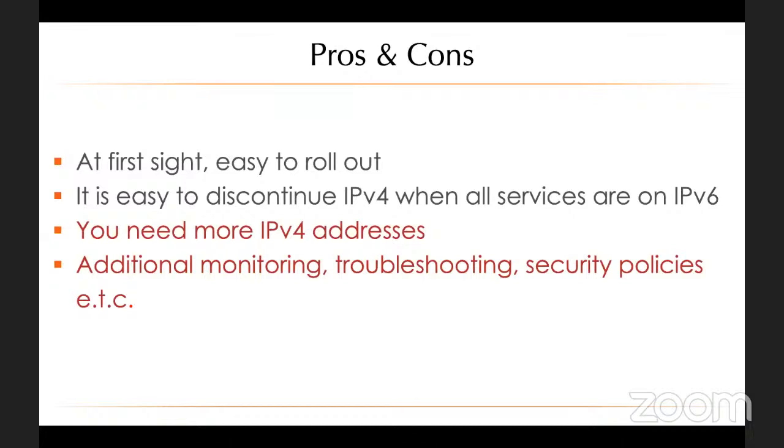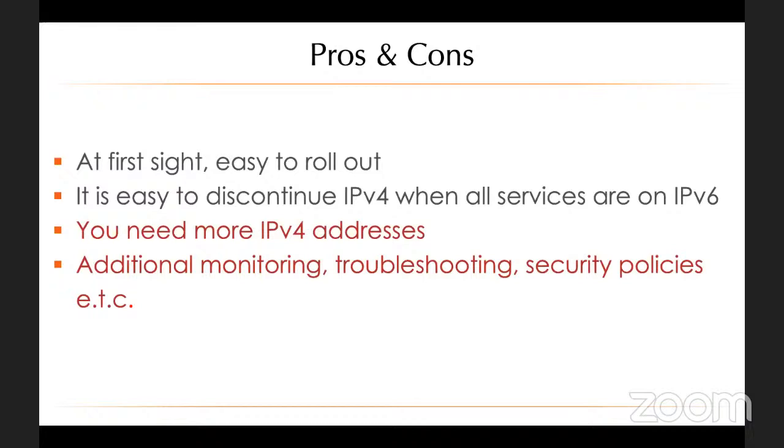But there's a problem. Like we mentioned earlier on, the first problem is you still need more addresses. And then you're going to have additional work in terms of monitoring. You need to monitor both protocols. Troubleshooting is also a factor. And also security policies. Right now you're running on v4.